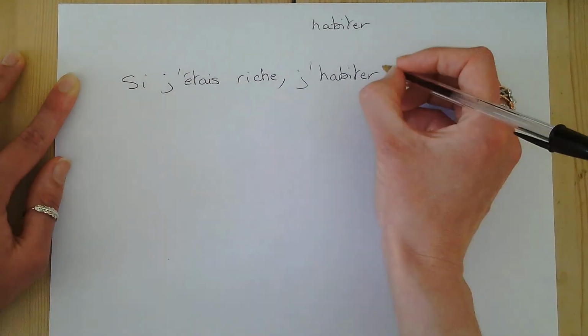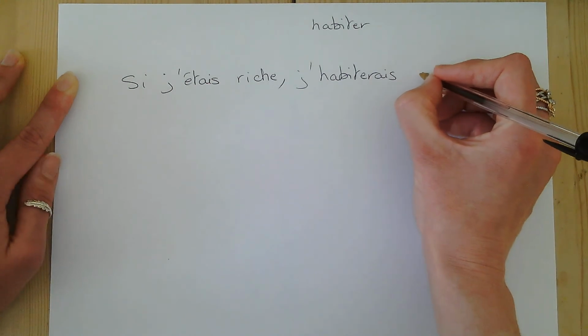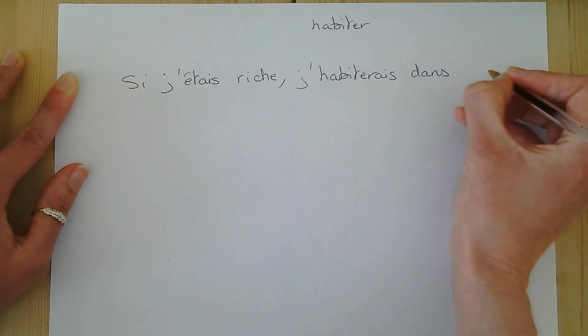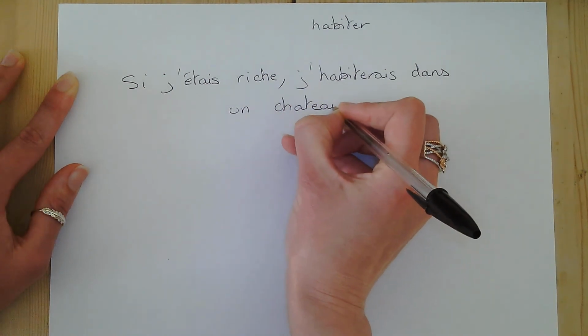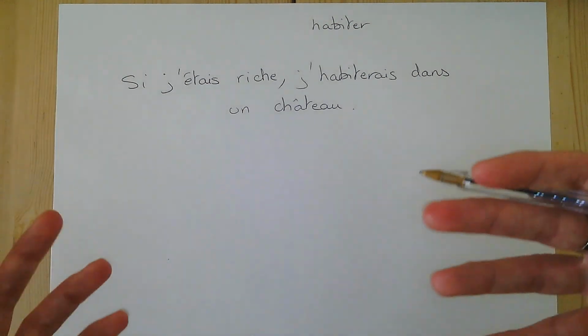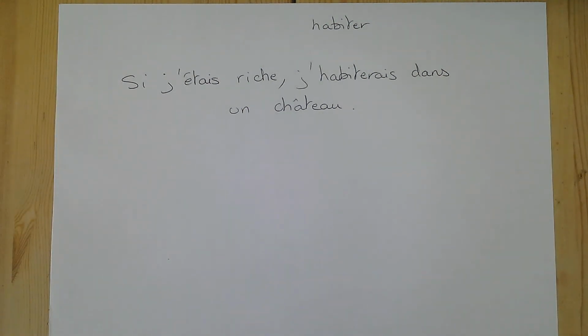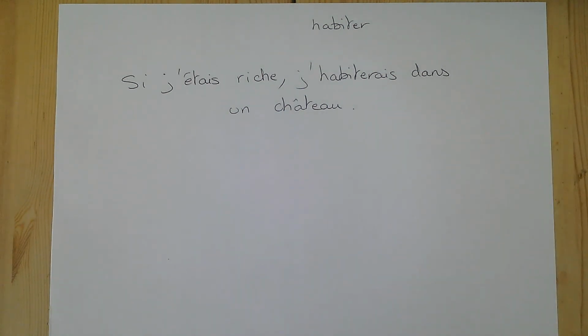And then put your conditional ending, j'habiterais, in a castle, dans un château. And then you could say, and it would be wonderful, and you're using an irregular verb in the conditional.